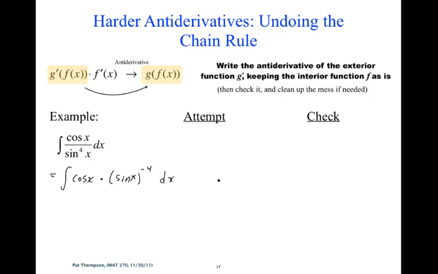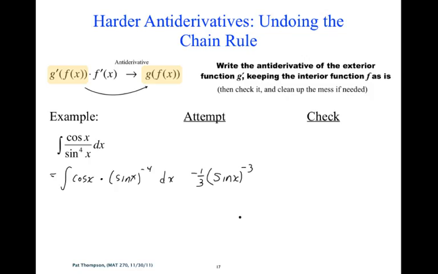Okay, so what's your first attempt going to be? But we're going to do antiderivative, right? So it won't be negative 1/4, but negative 1/3, right? So it'll be sine x to the negative 3, and we're going to need a negative 1/3. That's our first attempt.